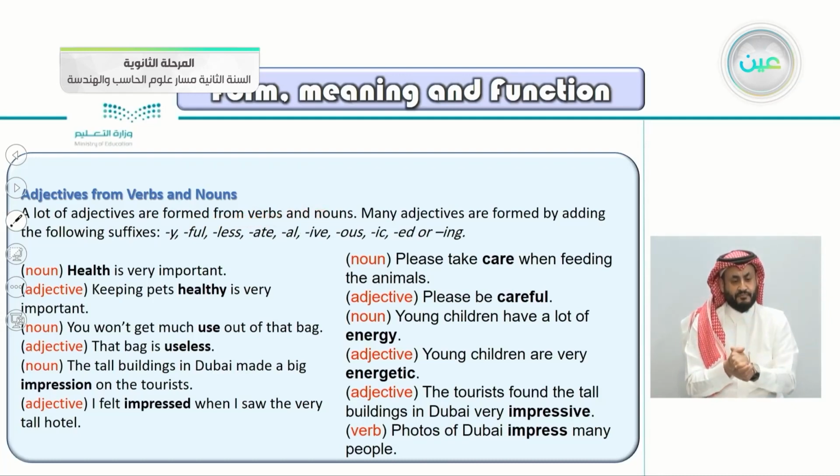Many adjectives are formed by adding the following suffixes. The suffixes are the letters you see at the end of the word. For example, y, ful, like careful, less, like careless, for example, ate, al, ive, ous, ic, ed, or ing.